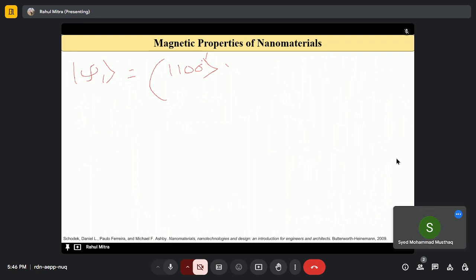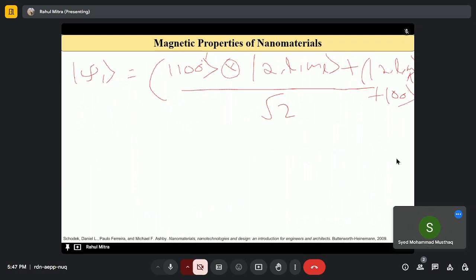And my next state is 2, L, ml, and I don't know the L or ml because it can be in the 2s orbital, it can be in the 2p orbital, right? Divided by root 2, plus the other way, the first electron can be here, ml, plus, by root 2. Now multiplied with another state.